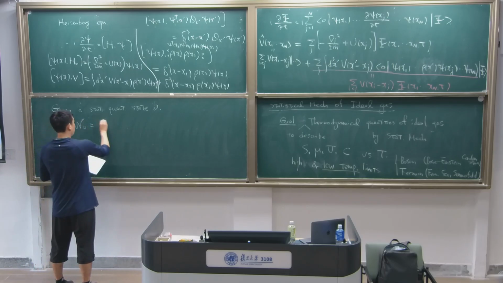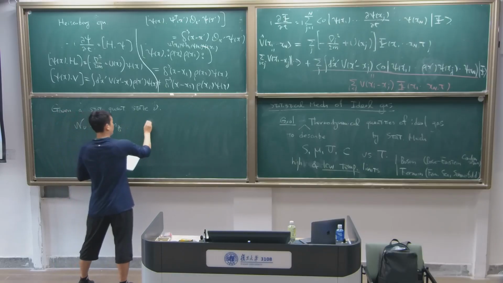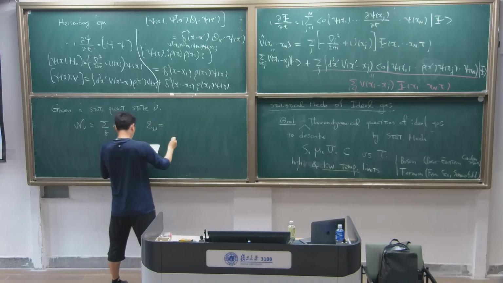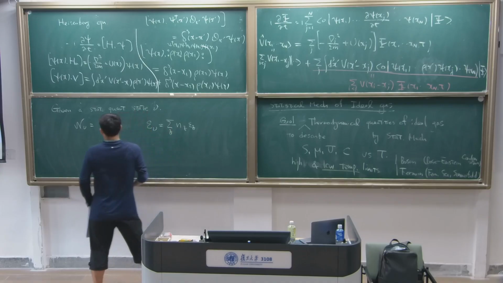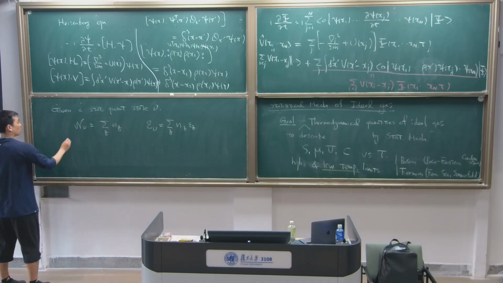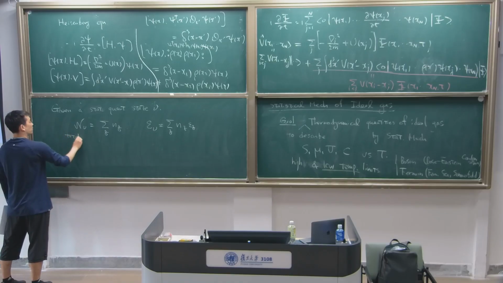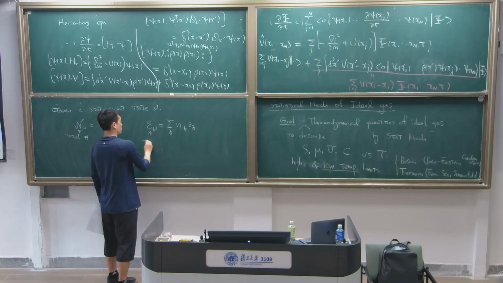It's given by the sum of n_q. And then the total energy is the sum of n_q times epsilon_q. Okay. So for instance, this is the total number and total energy.